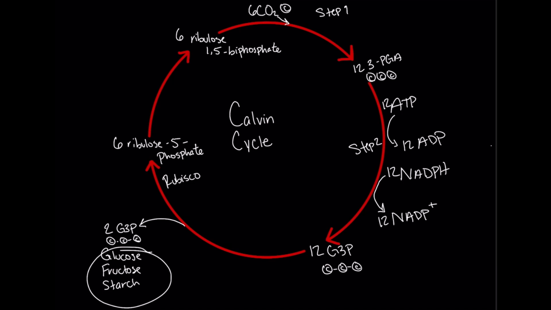Also, to be able to do this, there was also an ATP turning into an ADP, like over here. And then this 6-ribulose 1,5 biphosphate is going to combine with new carbon dioxide molecules to continue the cycle.